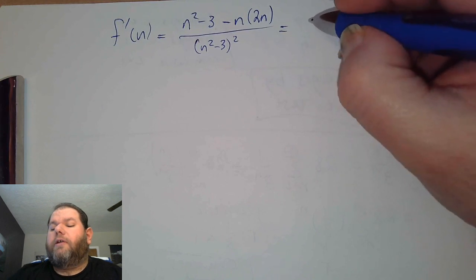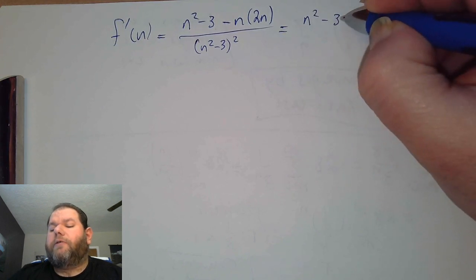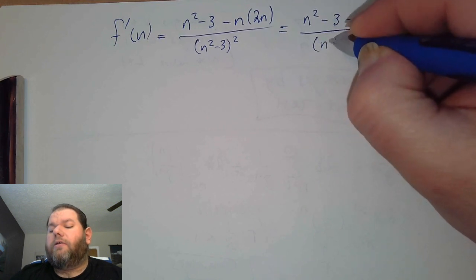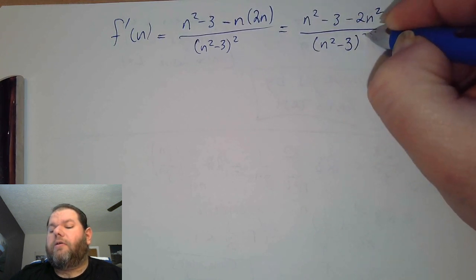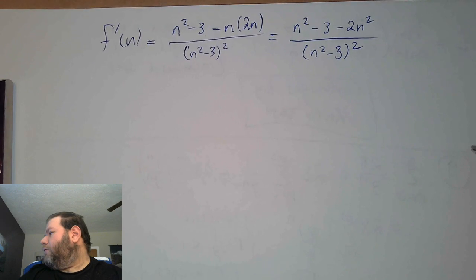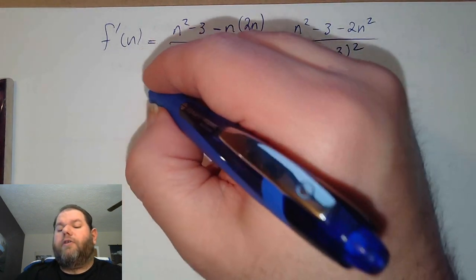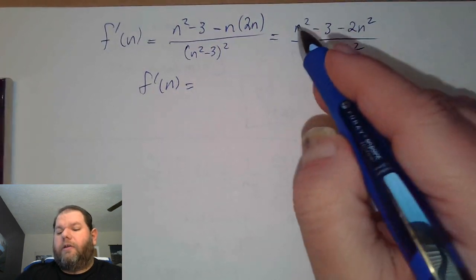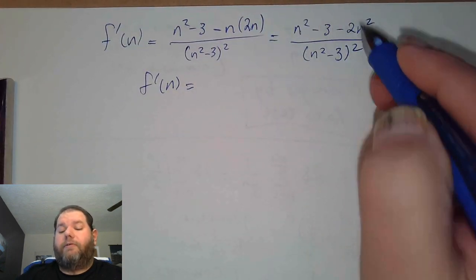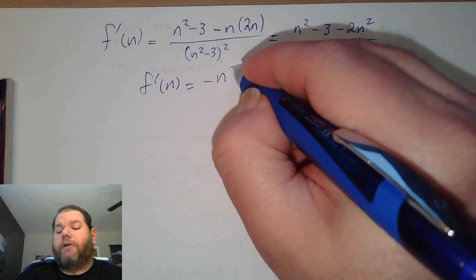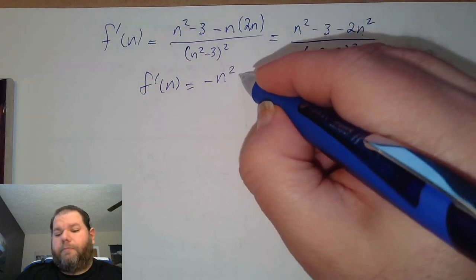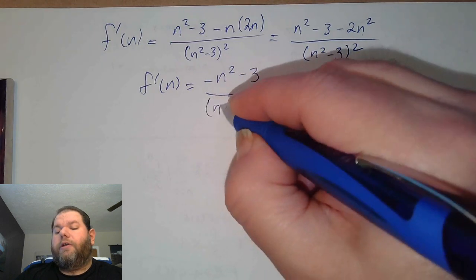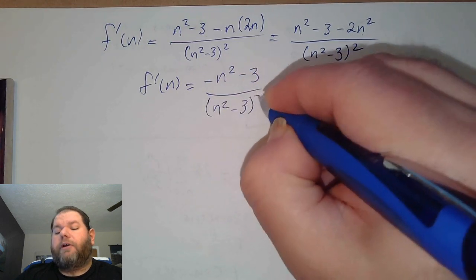Okay. So it's n squared minus 3 minus 2n squared. And if we just keep going, we get f prime of n. N squared minus 2n squared is negative n squared minus 3 over n squared minus 3 squared.